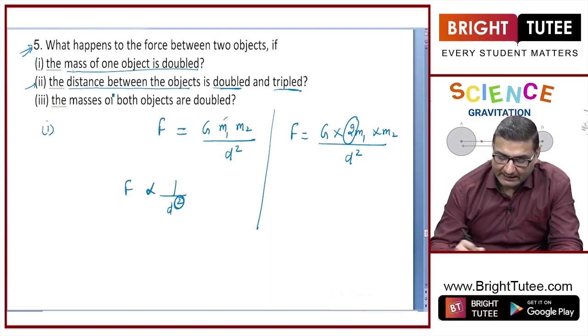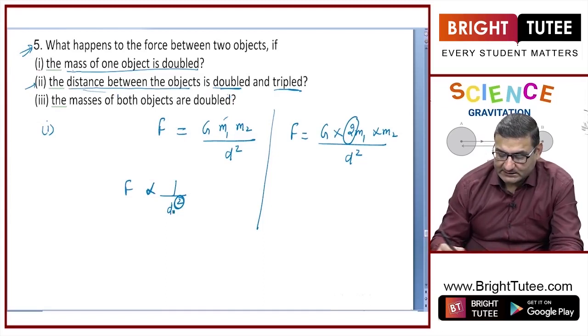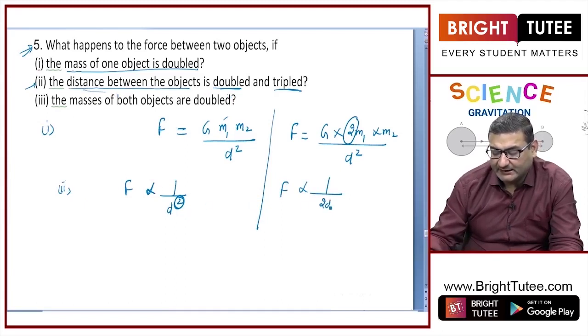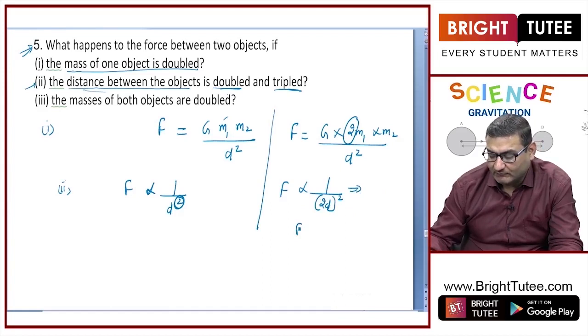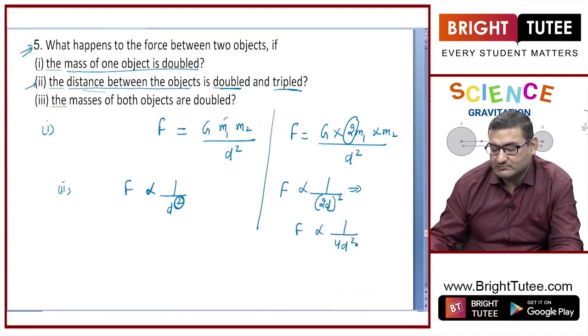So, if I am doubling the distance, that means now in the second case it will become 1 upon, rather than writing d, I am writing 2d because it is doubled, and now because it is whole square, it comes out to be that force is inversely proportional now to 4d square.